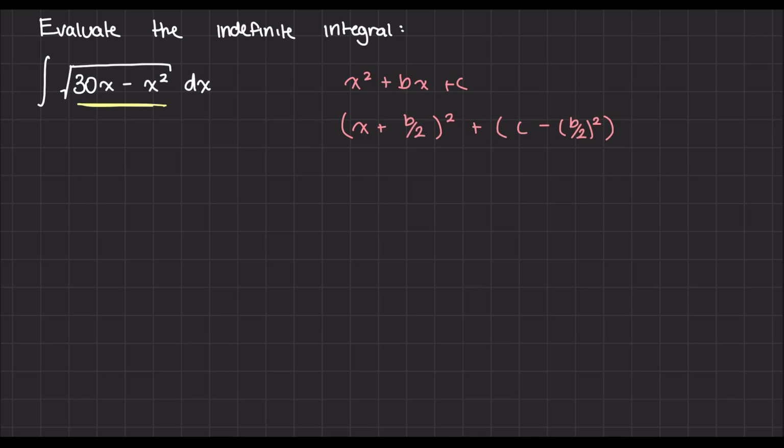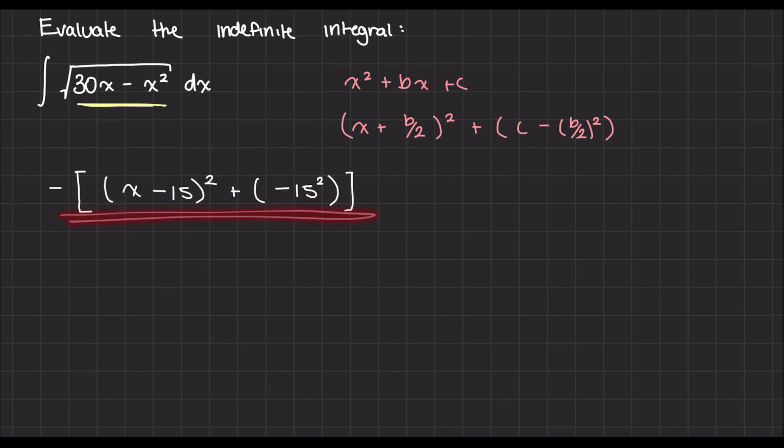And so for this problem, when we're trying to complete the square with this inside part, I'm going to take out the negative, and we'll have x, and since it's negative 30 now, since I took out the negative, we'll have minus 15 squared, because 30 divided by 2 is 15, plus, we don't have a c, but we still have the b over 2 squared. There. And so this whole thing is equivalent to this whole thing.